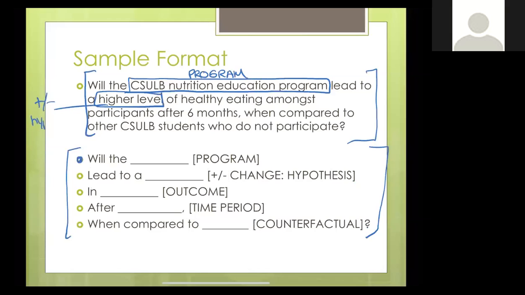This is also our hypothesis. You should know enough about the program you've chosen to know whether the program should cause something to go up or down if it were working. If a program is designed to help inmates better their lives, you don't think it should lead to an increase in recidivism, meaning the program makes people go back to jail more often than if they weren't in the program.